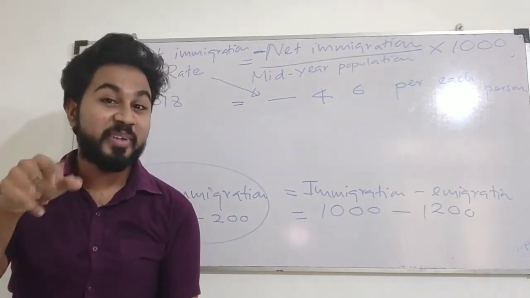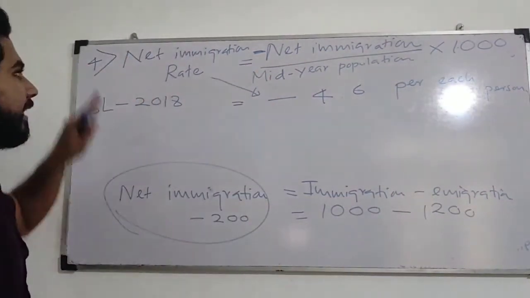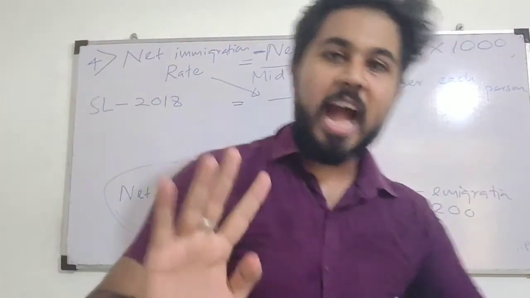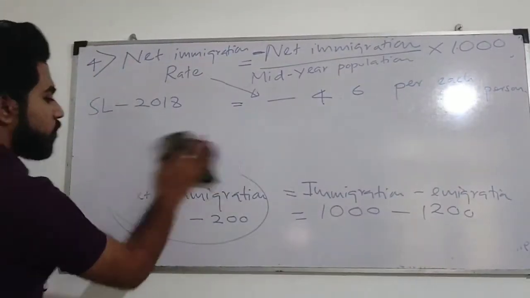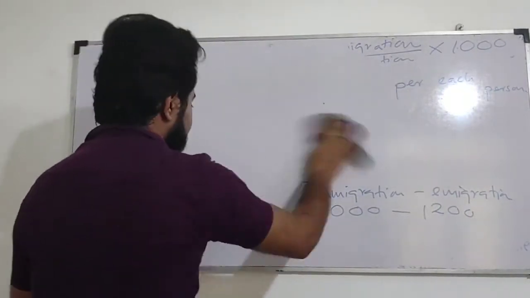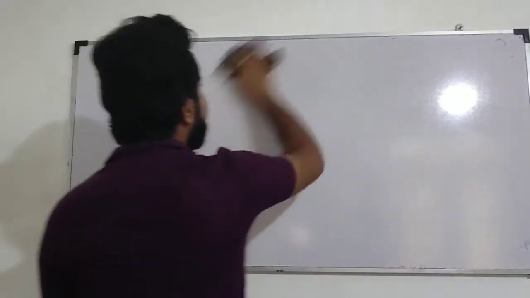Clear? That will happen in 2020. Okay, that is all about the net immigration rate. Now we have done 4 ratios so far. Something related to fertility, that is fertility rate. Something related to mortality, that is mortality rate.